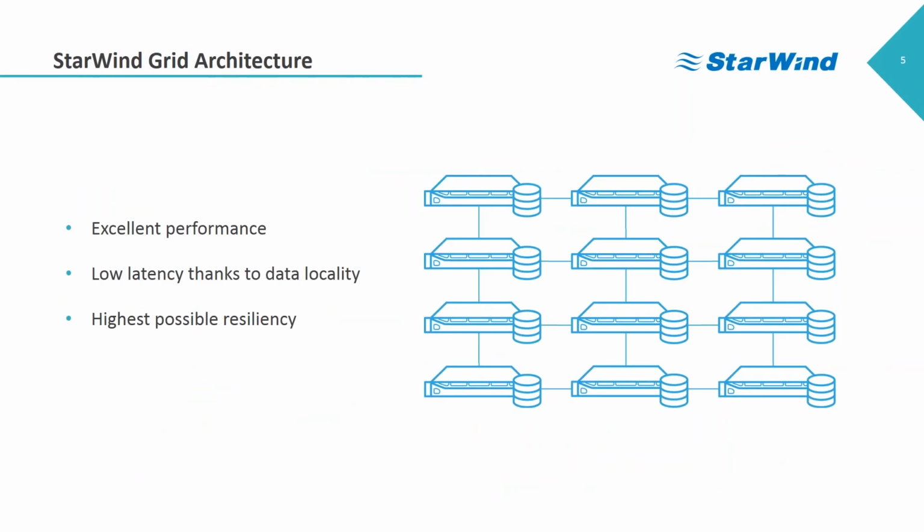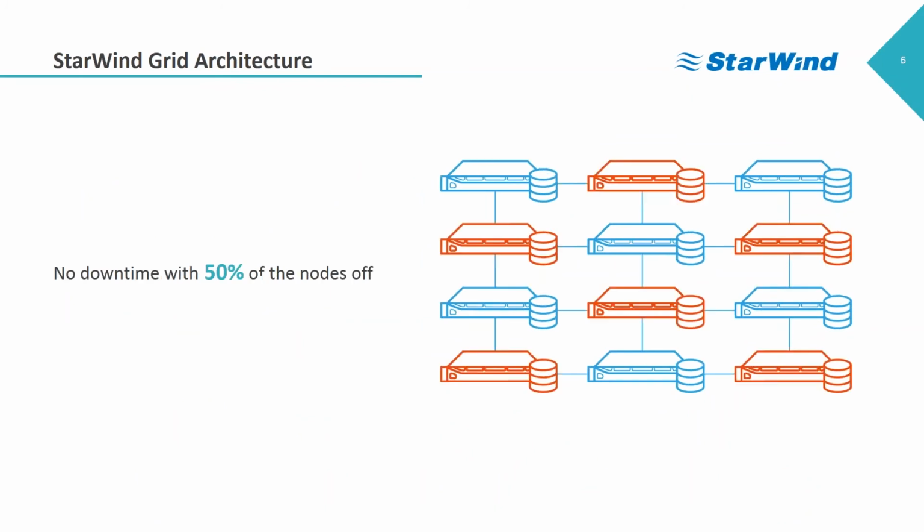And this gives you great performance and high resiliency, as I told you earlier. So the system can easily tolerate losing up to 15% of the nodes without any downtime at all.